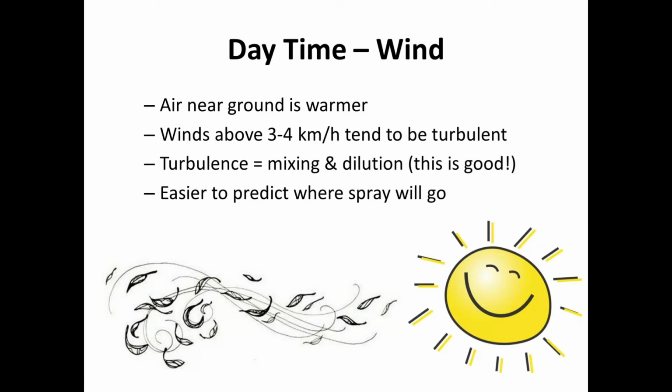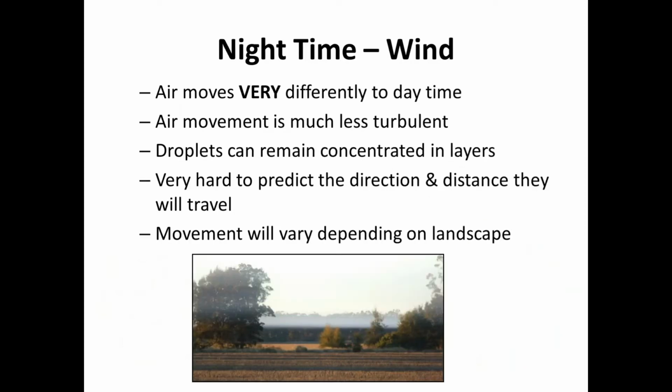So what happens late in the afternoon? In most areas, wherever I go, I'll always ask the farmers, what does the wind do about sundown? And their answer is always, it drops off. So that would usually be around that sunset period or just before sunset as the sun starts to sink.